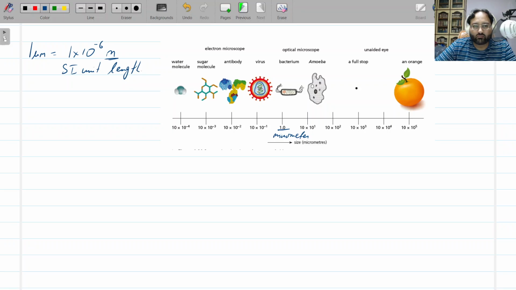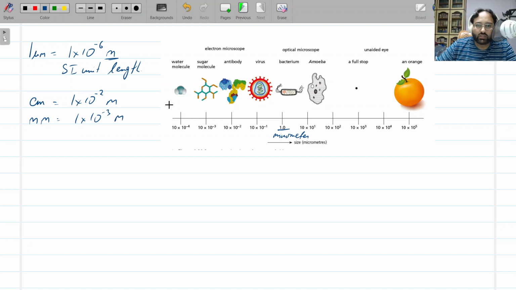Now, what you need to know is that when you are doing the calculations, you will be measuring either in centimeters, which is 1 into 10 to the power minus 2 meter, or in millimeters, which is 1 into 10 to the power minus 3 meter.